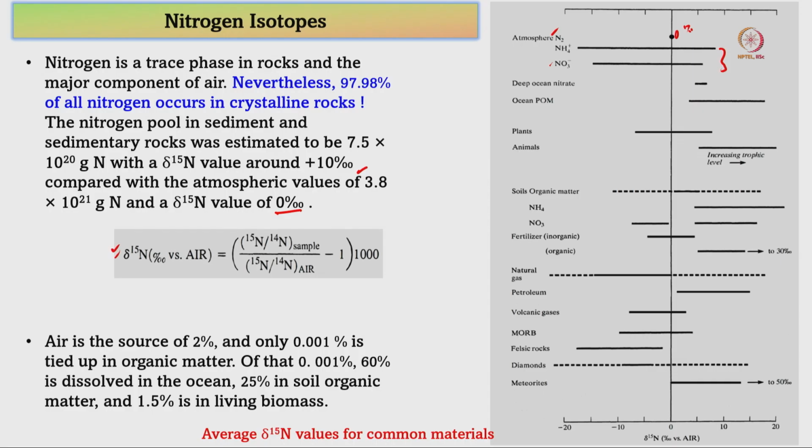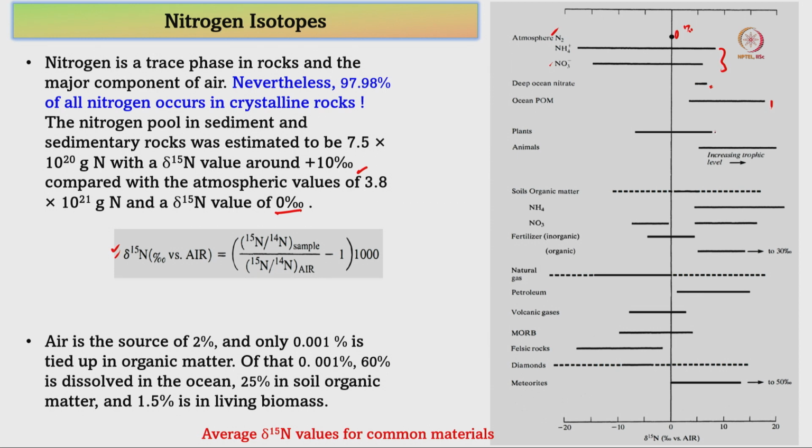As compared to that, look at the natural variability in the deep ocean nitrate, a very narrow range of variability. Similarly, oceanic organic matter, POM, is particulate organic matter, which means it is not in the dissolved phase, it is there as solids, as particulates.